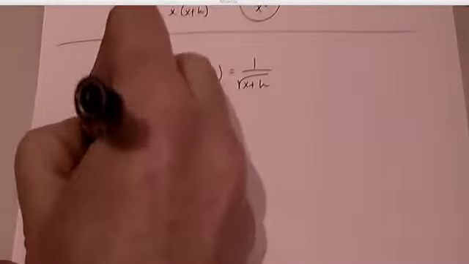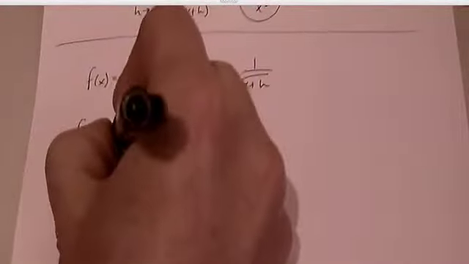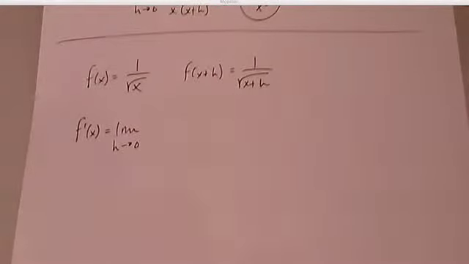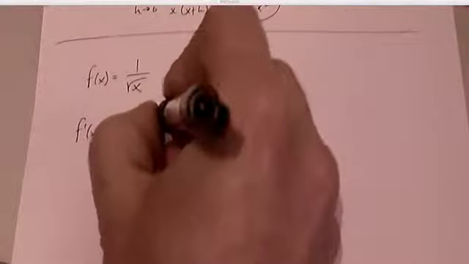And if you don't remember doing that, we actually did maybe one or two like that in the evaluation of limits by analytic processes, or algebraic processes, a couple videos ago.